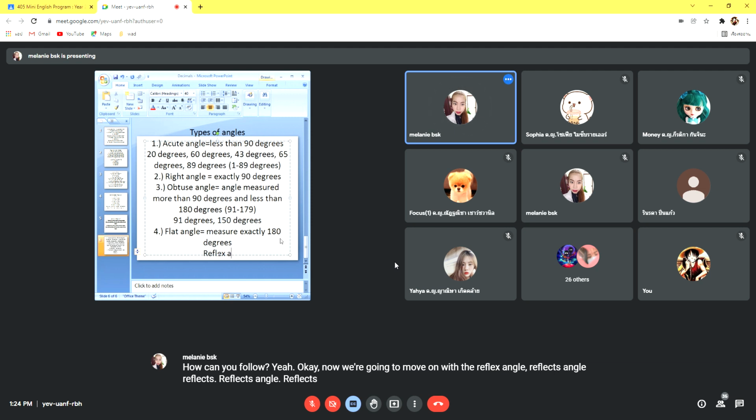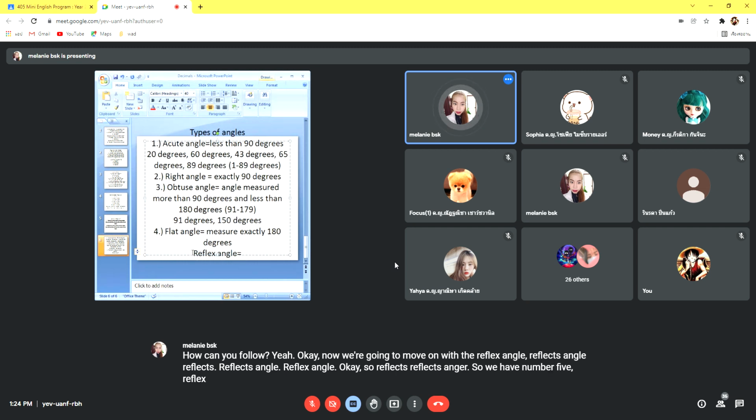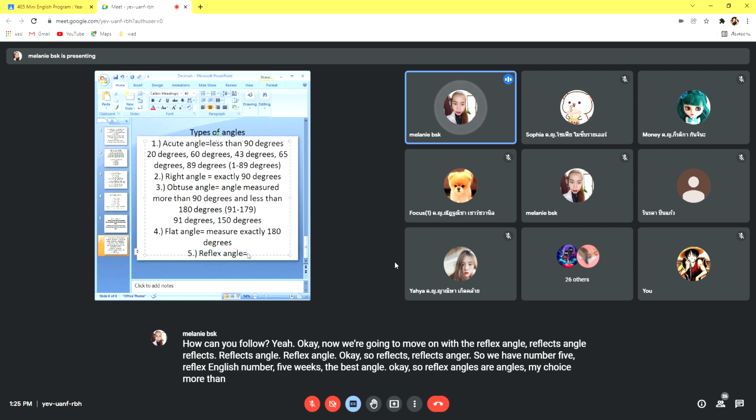Number 5, we have the reflex angle. Okay, so reflex angles are angles that measure more than 180 degrees.